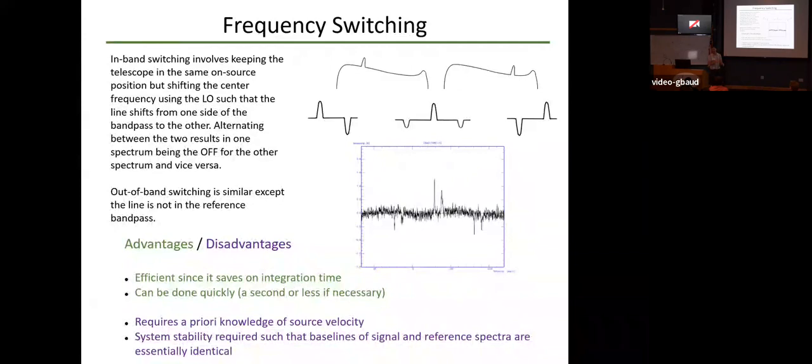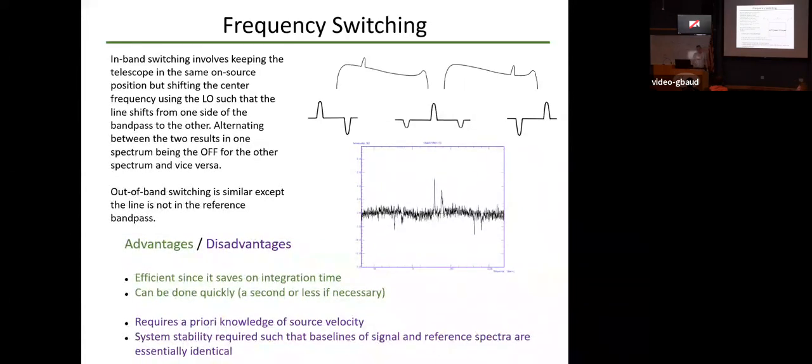You are switching in your band pass where that spectral line appears. You're using the LO such that you're shifting the line. Out-of-band switching is similar, where you're still changing your frequency, but you're going from seeing your spectral line to having your spectral line be entirely out of the band pass.